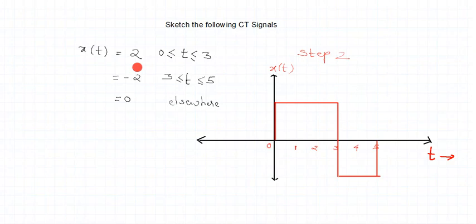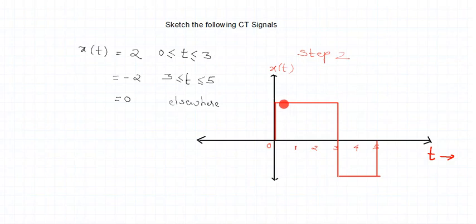Okay, let's discuss. In the time period between 0 to 3, the magnitude of the signal is 2. Right? Here, if you see, I have taken the time instant 0 to 3, and I have plotted something having a magnitude 2, right?